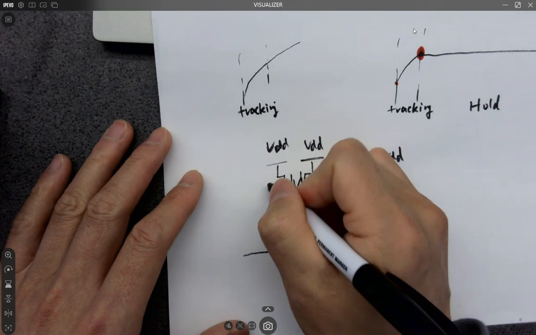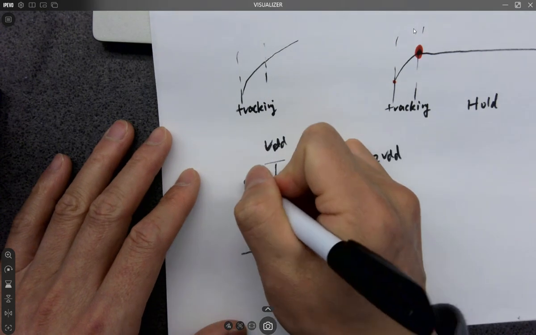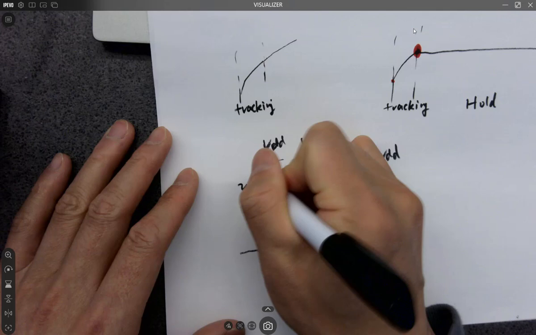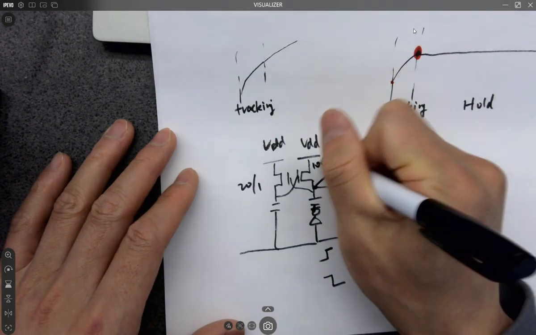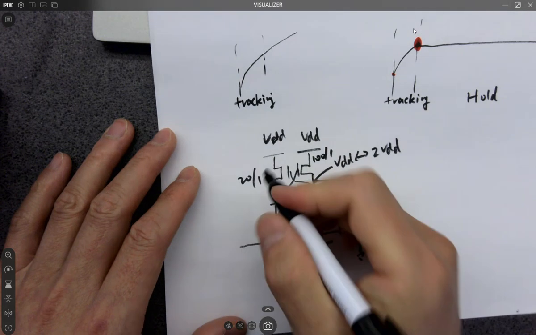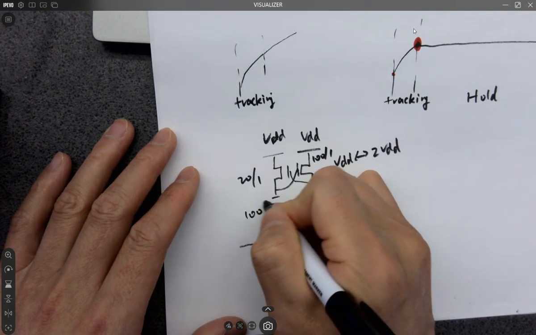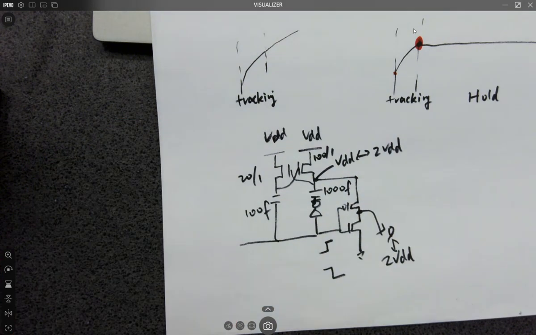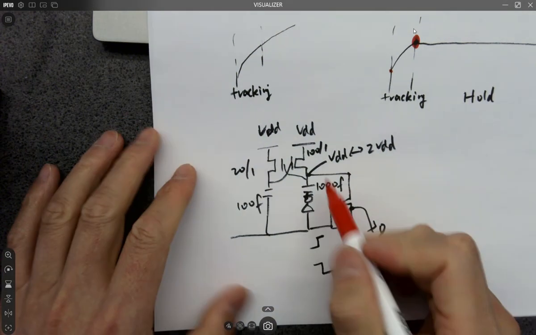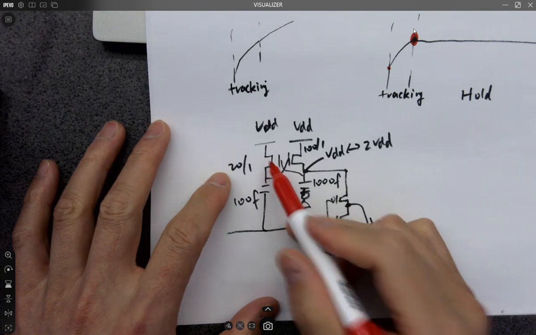If you look at the sizes of the transistors, this one is 20 over 1 width to length, and this is 100 over 1, and this one is 100 femtofarads, and this is 1,000 femtofarads. These are the design parameters for these devices.